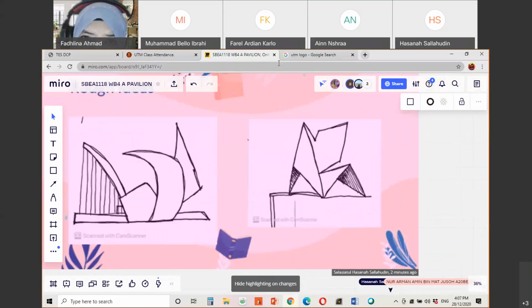What is this thing? That one is dia masuk dalam air sikit, so macam dah tak matang gitu. Column. The corner. Yes.